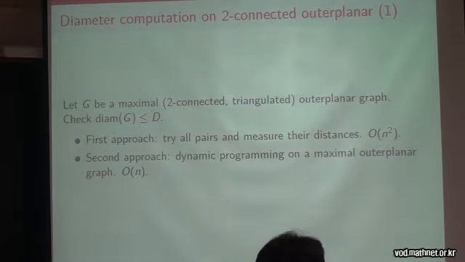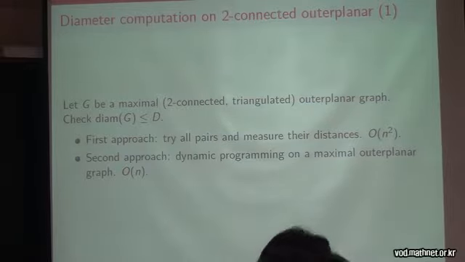You have to try n squared pairs, times the running time of a shortest path algorithm. But an outerplanar graph has an extra nice property, so using this you can have a better algorithm which runs in O(n) overall.